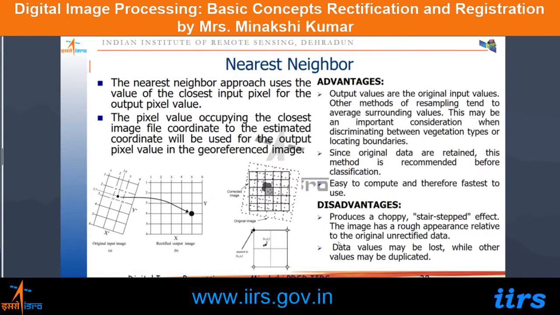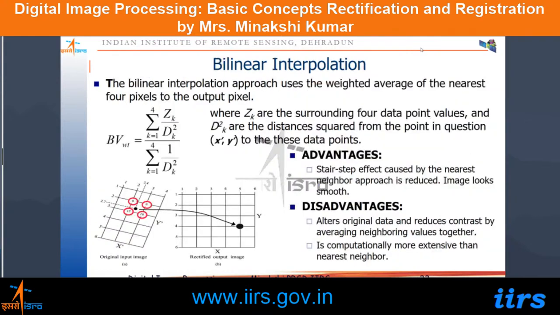There is a small disadvantage with this method, that some of the values from the input image will never find their place in the output image. So the image would look blocky. It will not be smooth. So if you use the bilinear method, it will remove the effect of blocking, and it will smoothen the image.